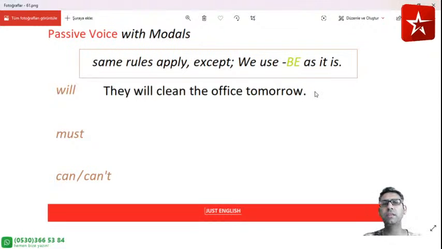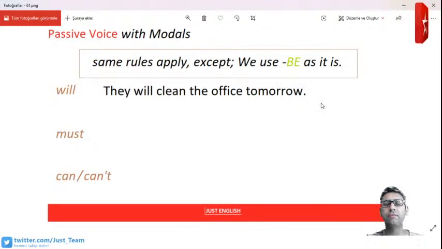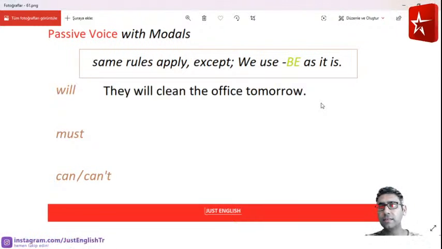This is an active sentence. We know who does it, right? So when I look at this sentence, what I see is basically an active sentence, and the verb is clean, okay? And the modal we use is will, so it's future tense.